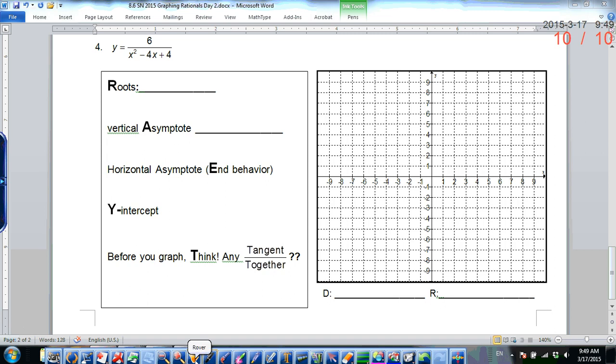All right, what's the first thing you should do? Factor. Good. Please go ahead and factor that denominator for me.